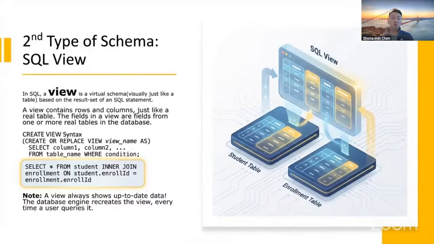A view in SQL is a virtual schema. Visibly, it just looks like a table, but it's based on the result set of a SQL statement, namely a select statement. Let's quickly jump over here on how you create a view. You use create view or replace view.